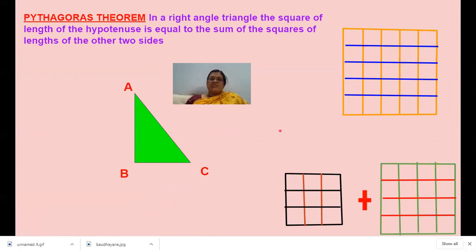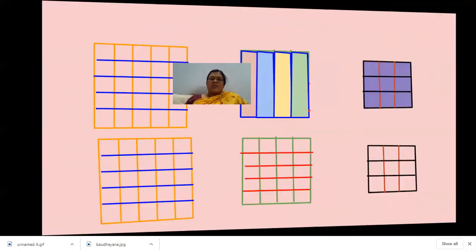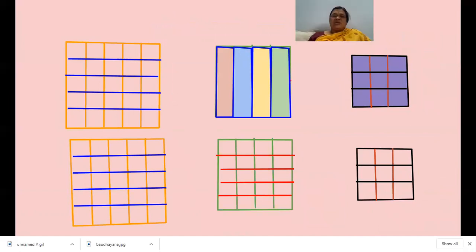So AC square is equal to AB square plus BC square. Let us see this through a visual description.